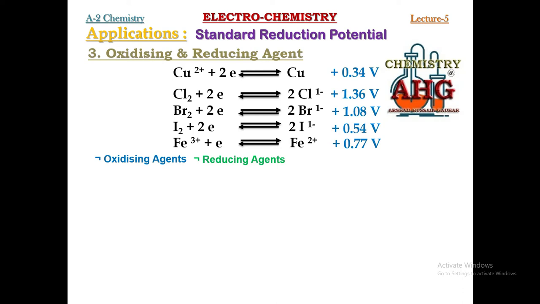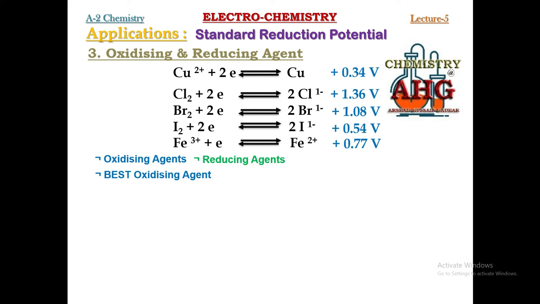Remember, we are focusing on these five half cells, these five chemical equations, to predict oxidizing and reducing agents. Next question, along with one reason, that can be asked: which one of these is the best oxidizing agent? Now you will have to choose a best oxidizing agent and a best reducing agent. How to choose the best oxidizing agent?